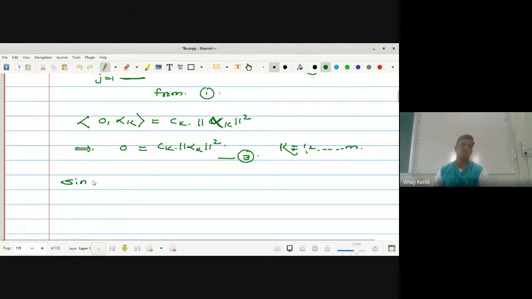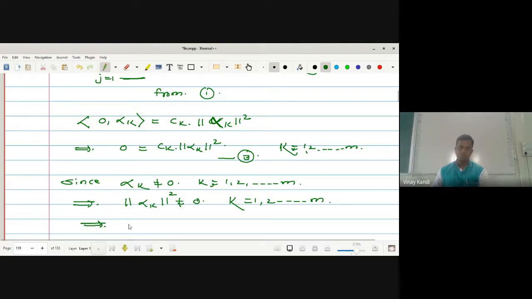Since each alpha k is a non-zero vector for k running from 1 to m, this implies the norm of alpha k is not equal to 0, and its square is not equal to 0 for k running from 1 to m. So what does it imply? From equation 3, Ck must be equal to 0 for k running from 1 to m.